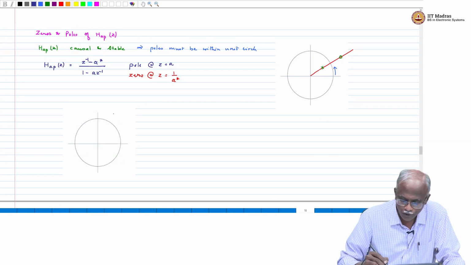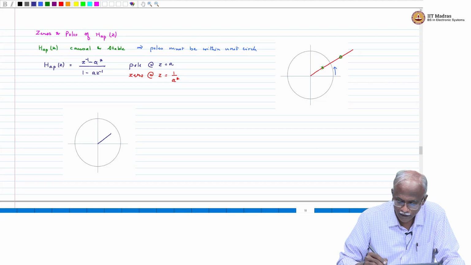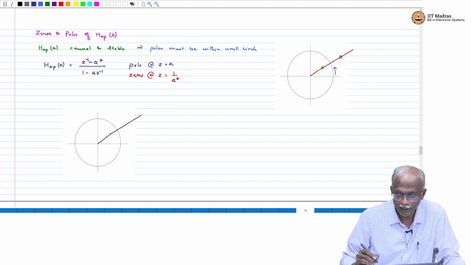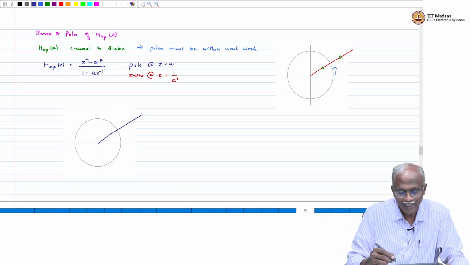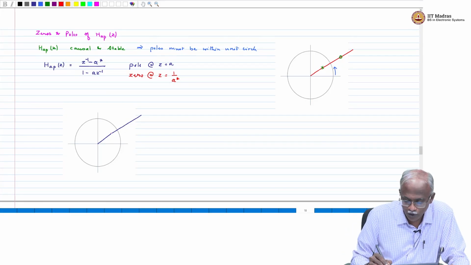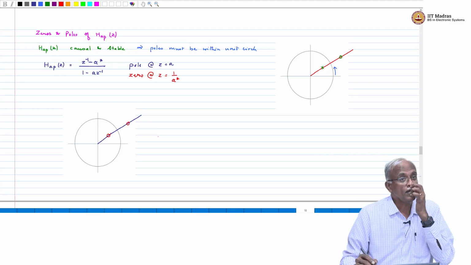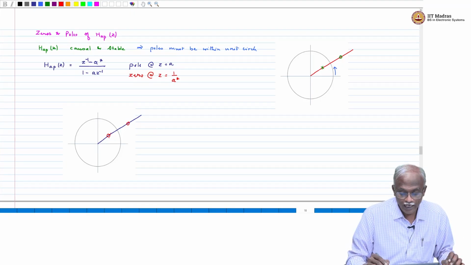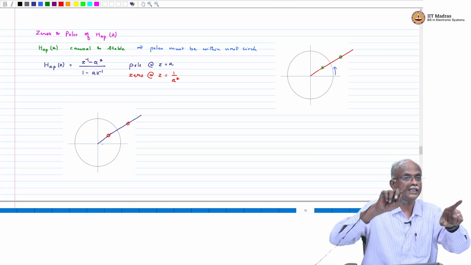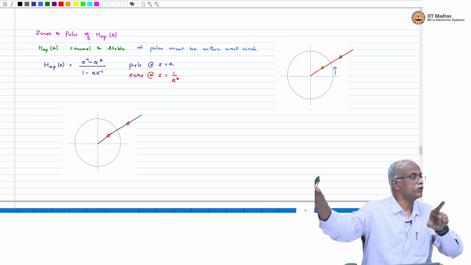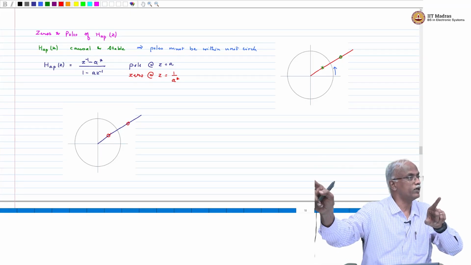So supposing you look at the same location, but now rather than a pole, I'm going to look at a 0. And look at a 0 at the reciprocal conjugate location. Okay, what can you tell me? The effect of this 0 is the same as the effect of the 0 outside the unit circle, at the reciprocal conjugate location.